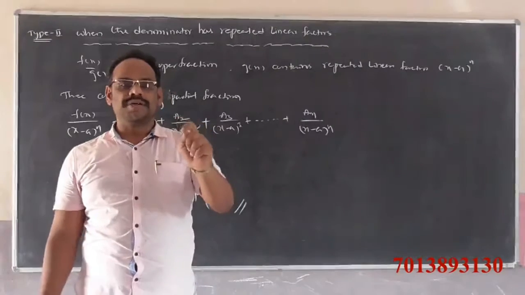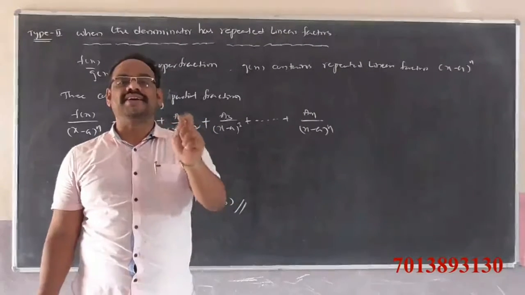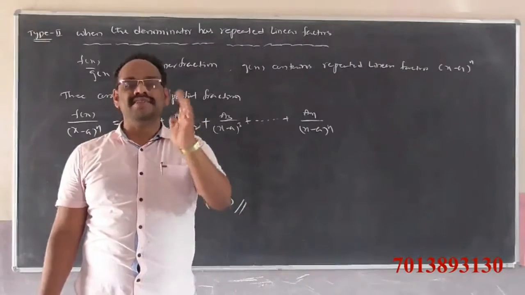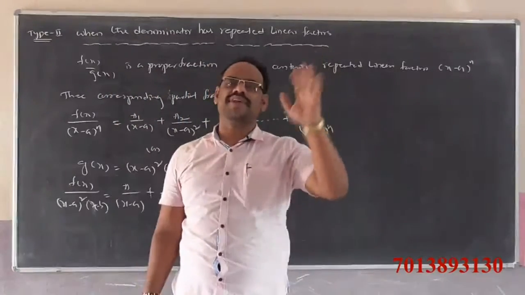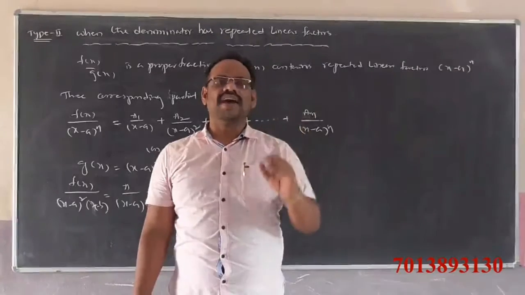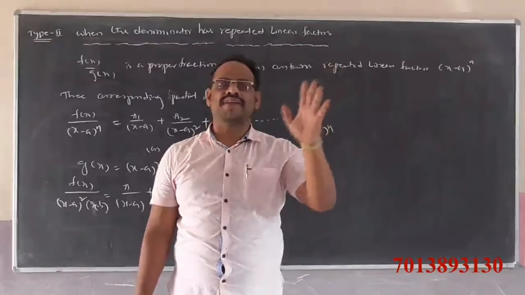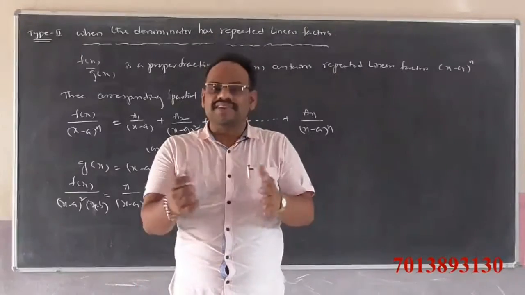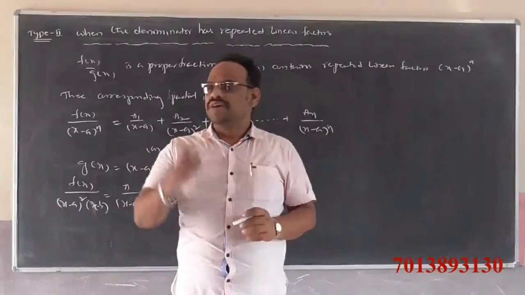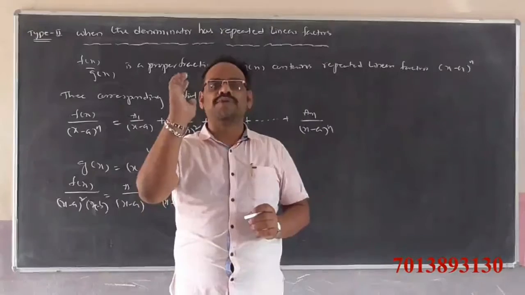Type 2: when the denominator contains repeated linear factors, that is x minus a whole to the power n, or ax plus b whole to the power n, any repeated linear factors. How to convert it into partial fractions means, f of x by x minus a whole to the power n.